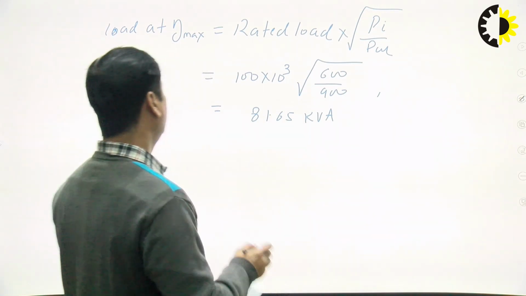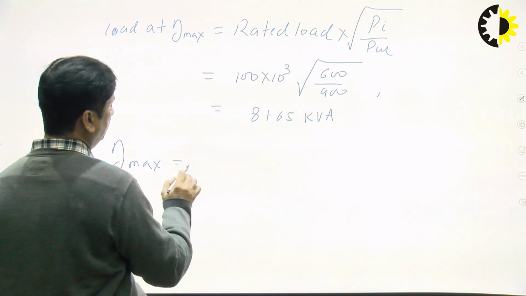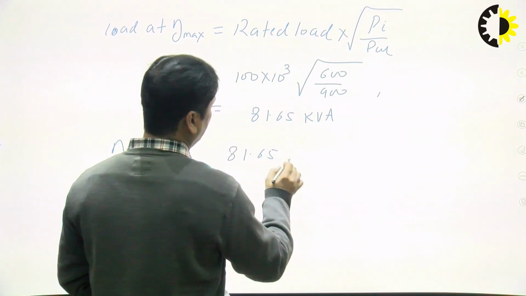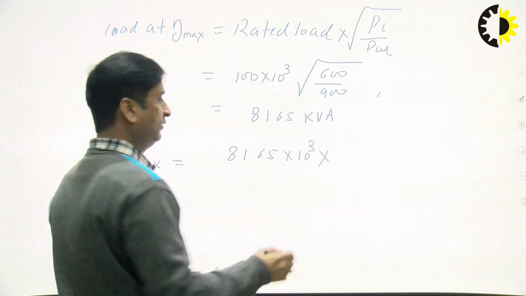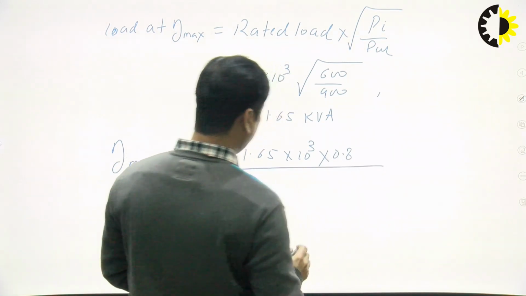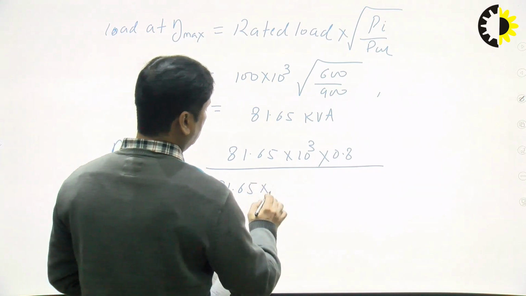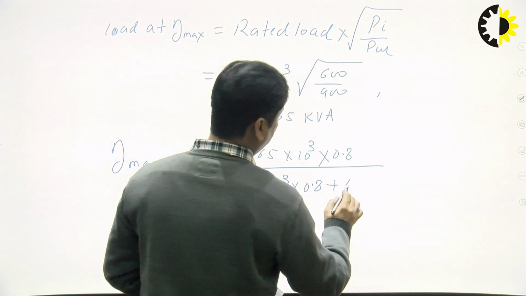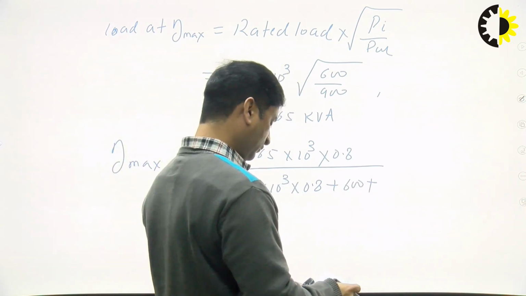Now we will calculate the maximum efficiency. The load is 81.65 kVA, and we have to calculate this efficiency at the same power factor, that is 0.8. So at 0.8 power factor, this is the output, plus iron losses 600, and we have to calculate the copper losses also.